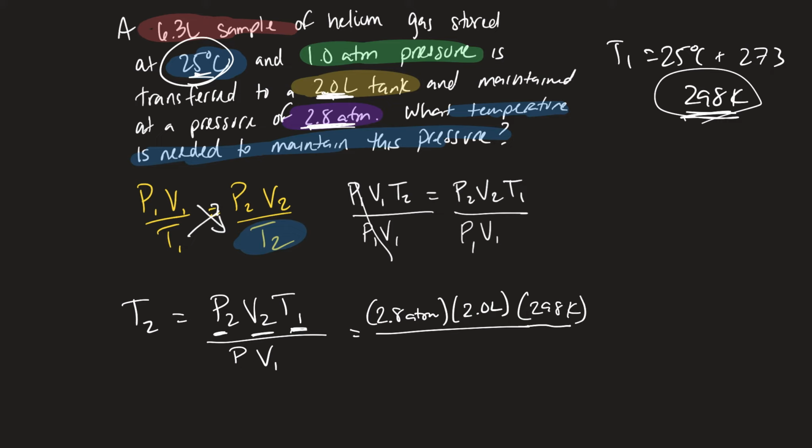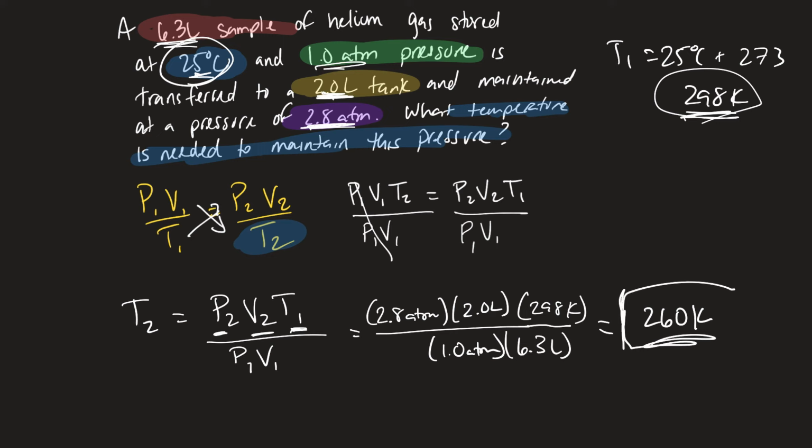P1, the first pressure is 1 atm times the volume. The first volume is 6.3. Okay, and so when you put this in the calculator accordingly, we get that the temperature that needs to be maintained is going to be about 260 Kelvin. And so that's the answer for this case.